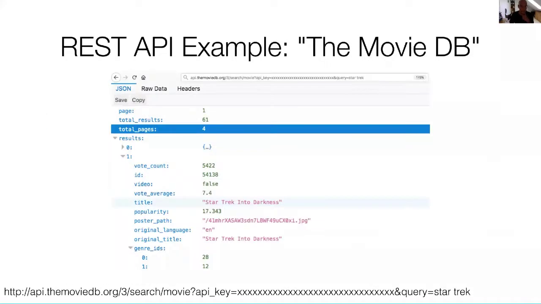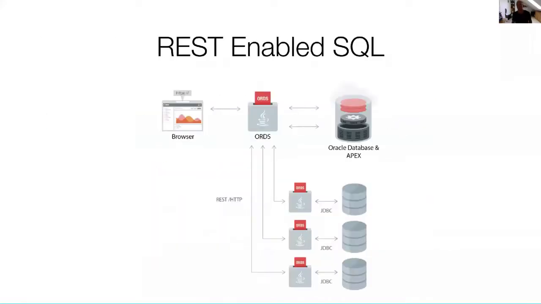We have seen those examples. Let's now talk a bit about REST-enabled SQL, because that's the other external data source which has been added in Apex 18.1. And REST-enabled SQL is actually a feature of Oracle REST Data Services. So to use REST-enabled SQL, you not only need Apex 18, you also need a current version of Oracle REST Data Services.